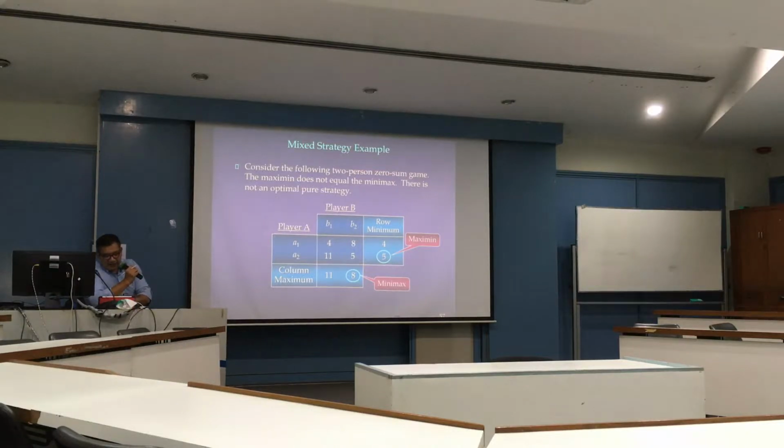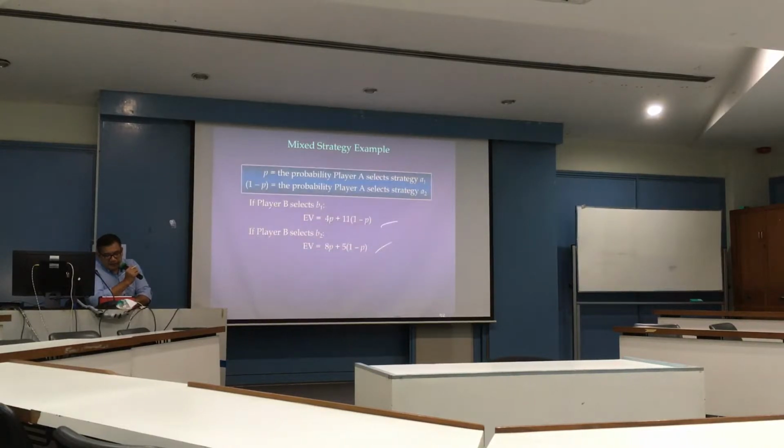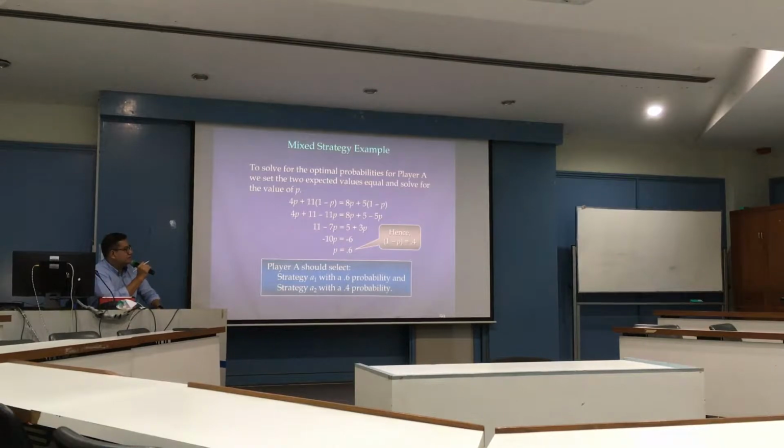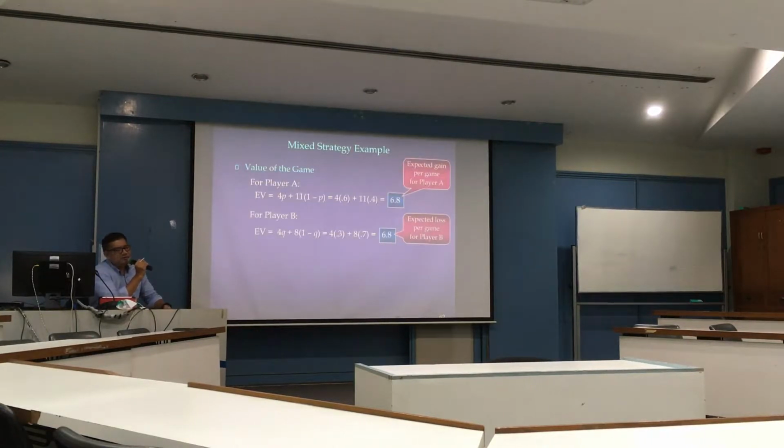We then calculate to find P or Q, which would be the probabilities suitable for player A and player B to select. Because with this calculation, when you calculate the value of the game, you're going to have the same value right here.